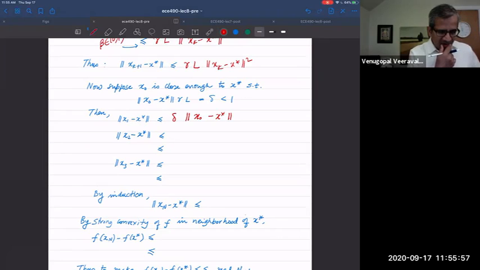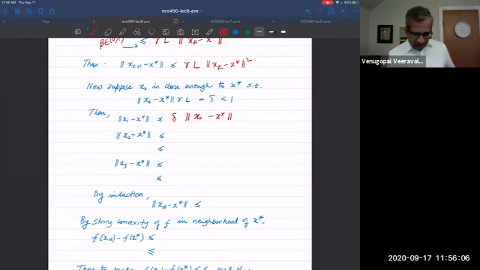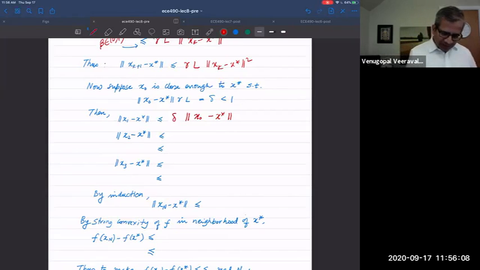That doesn't seem very different from the result from last week for strong convexity. But that's what happens in the second stage. So x2 minus x star is going to be less than gamma L times x1 minus x star squared.